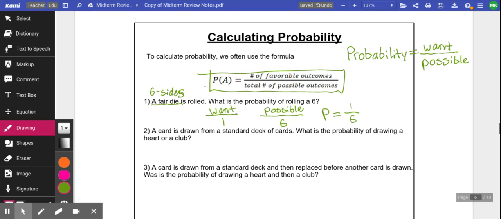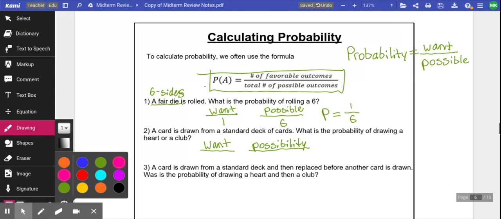Awesome. Question 2. A card is drawn from a standard deck of cards. What is the probability of drawing a heart or a club? So we are looking at what we want and what's possible because it's a probability question. What we want is a heart or a club. So for us, we know there's 13 hearts and 13 clubs.